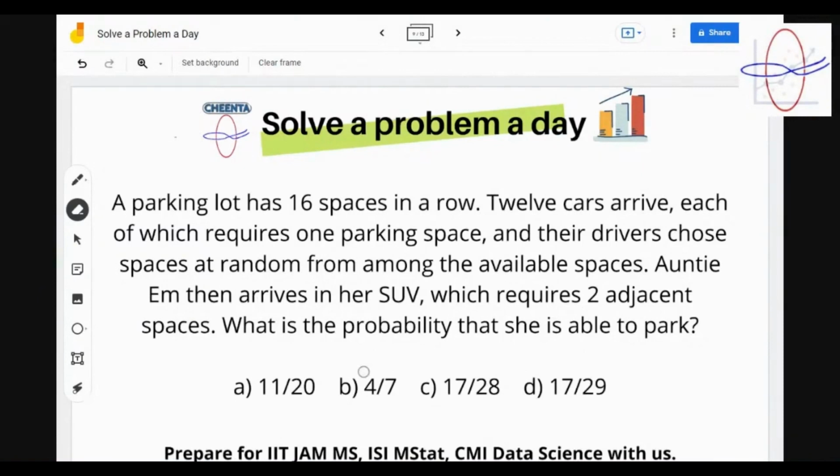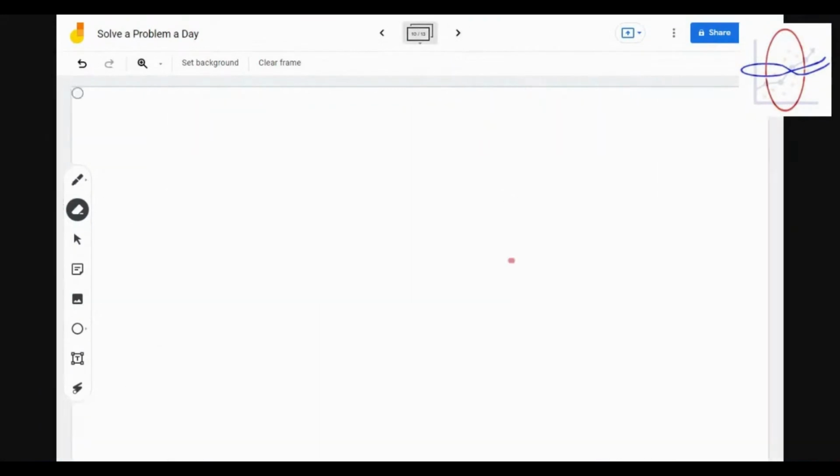A parking lot has 16 spaces in a row. 12 cars arrive, each of which requires one parking space. Let's draw that on pen and paper. So here's a parking lot, and 12 cars come and arrive.